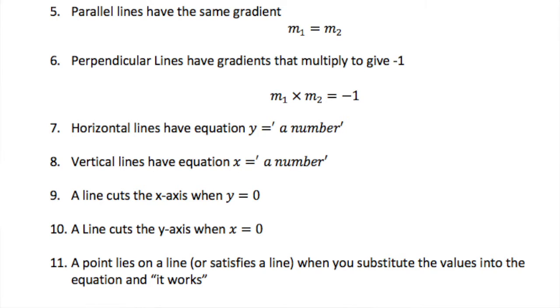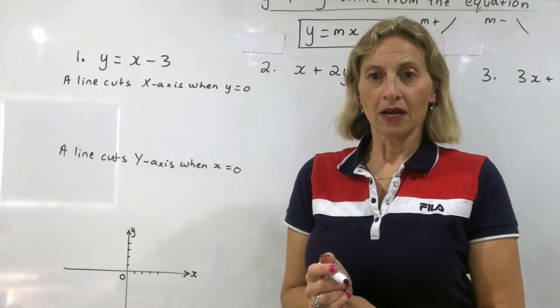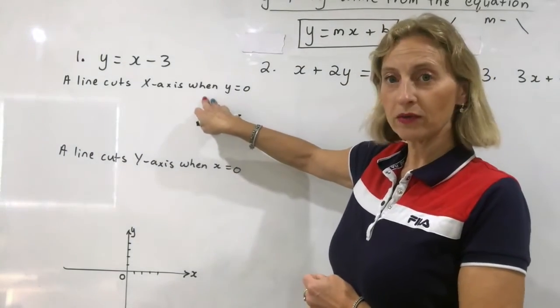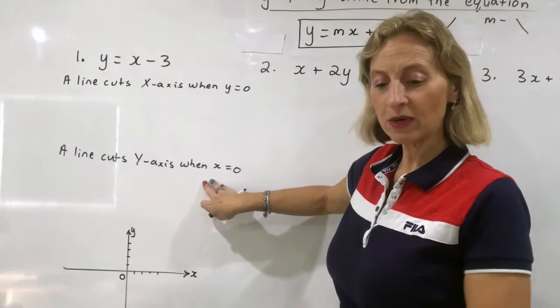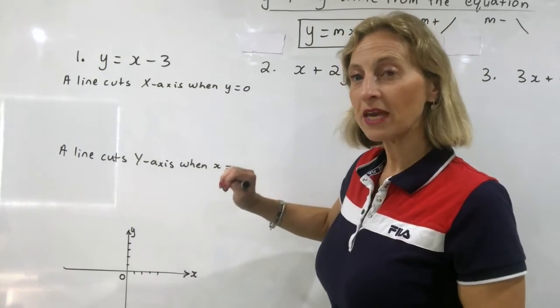Rule number 9 and 10 say a line cuts the x-axis when y equals 0 and a line cuts the y-axis when x equals 0. So let's do that with our equation and then see what we get.